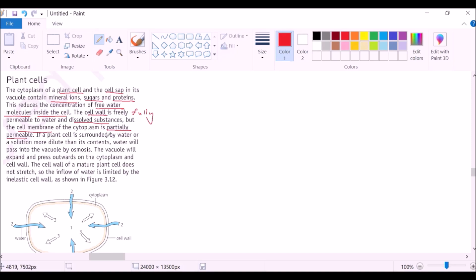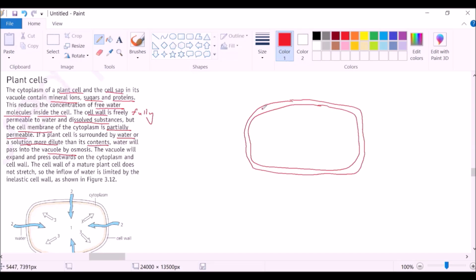If a plant cell is surrounded by water or a solution more dilute than its contents, water will pass into the vacuole by osmosis. So if we have a plant cell, this part is the cell wall, which allows water and dissolved substances to pass through it.